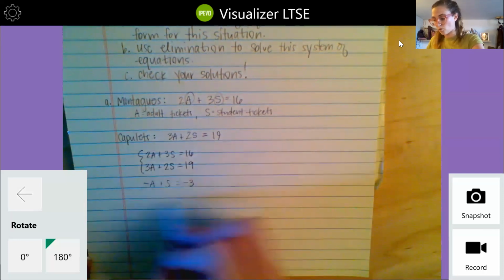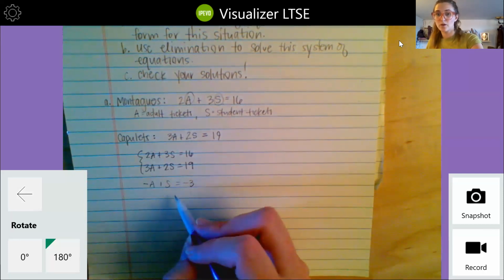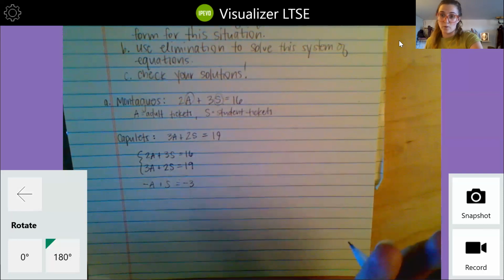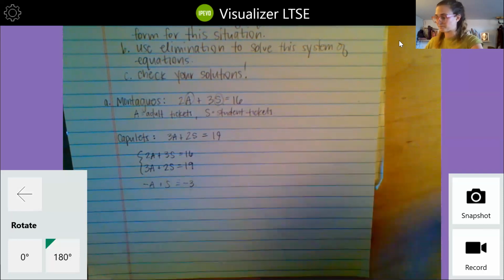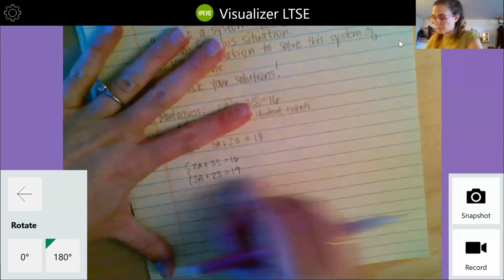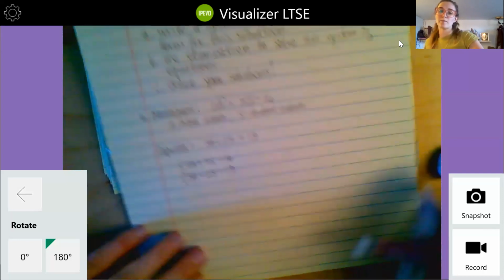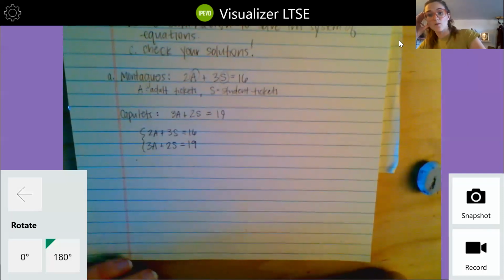But again, I have an equation with two different variables, both variables I don't know the value of, so this doesn't help me. So remember, our goal here in using elimination is to eliminate one of the variables.